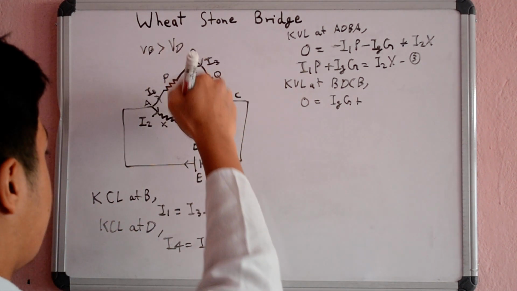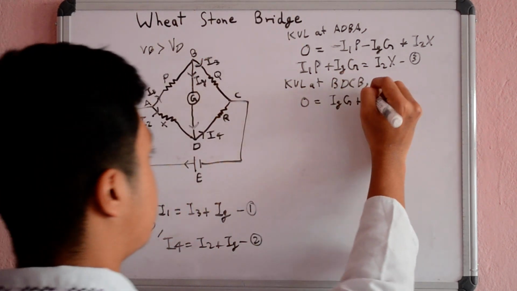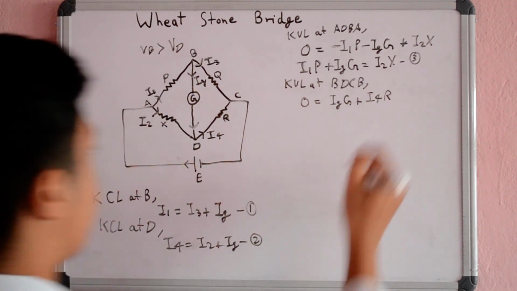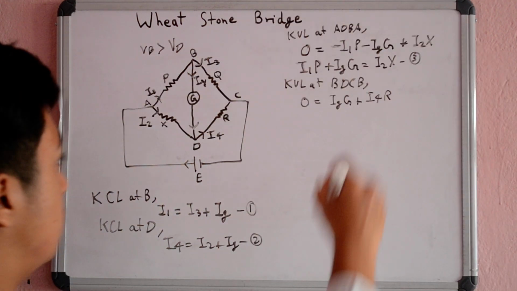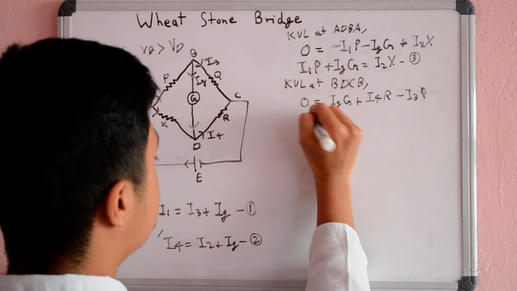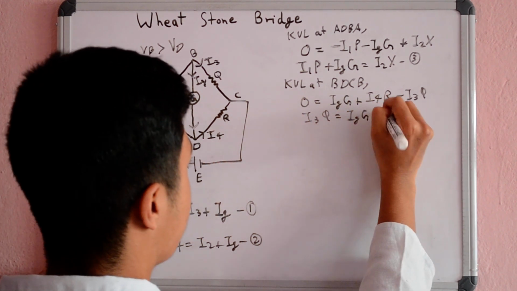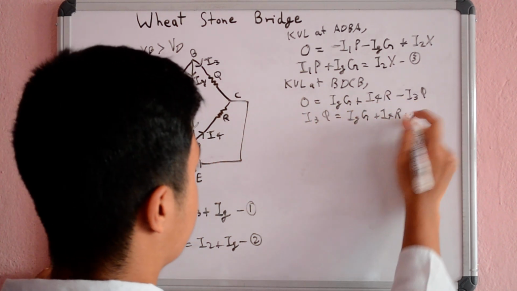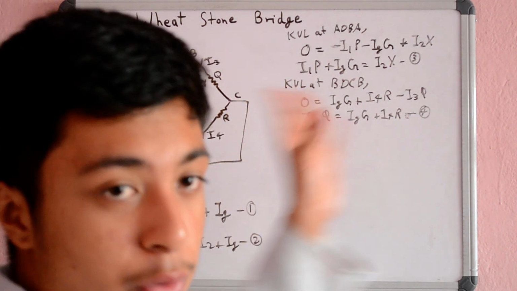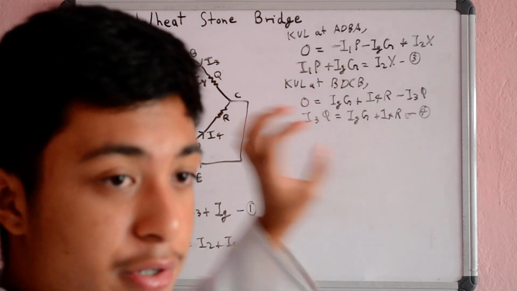And here again I4, that is still positive, so I4R, and here I3, now that's going clockwise, so we should take it as negative, so I3Q. So we have I3Q is equal to IgG plus I4R, equation 4. Now we took this case when Vb was greater than Vd, that means this was for unbalanced condition.